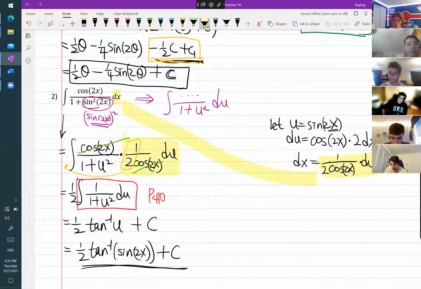That expression replaced dx. After you've done that, the cosine 2x will cancel and it'll give you 1/2, but you can bring the half in front of the integral. So that's what I always do. I always solve for dx. Even though when you take the derivative you get du, it's the dx that you want to replace in the original integral. And then simplify.